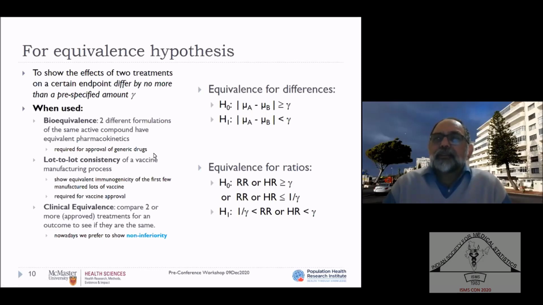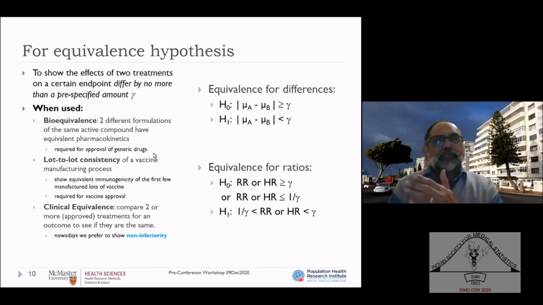So when do we use the equivalence hypothesis? It used to be done for clinical outcomes, but it is rarely used now for clinical outcomes. It's used primarily for what are called bioequivalence studies, where you have different formulations of the same active drug compound, and they're trying to show that they have equivalent pharmacokinetics.